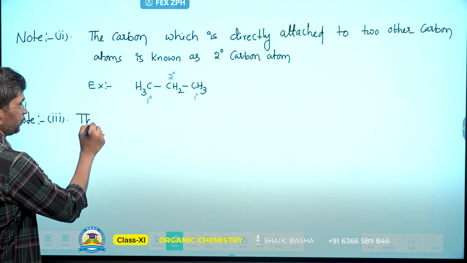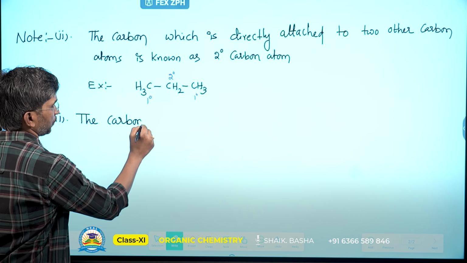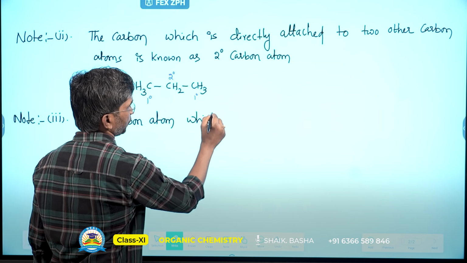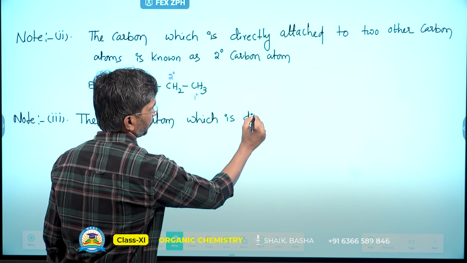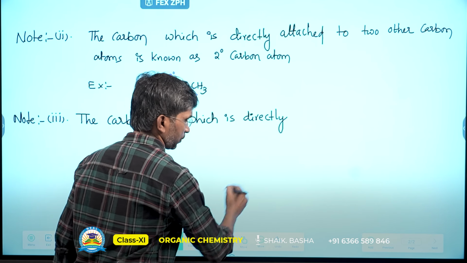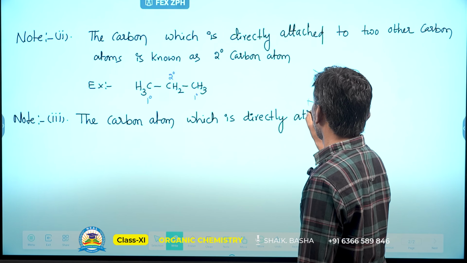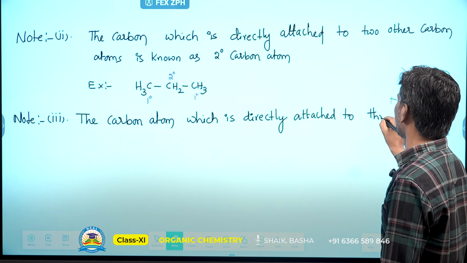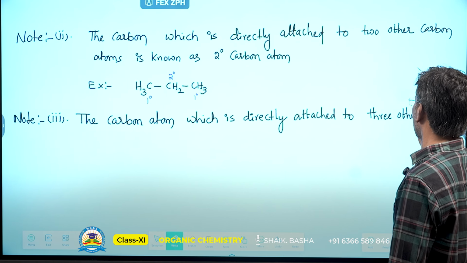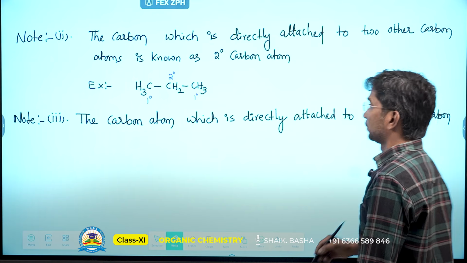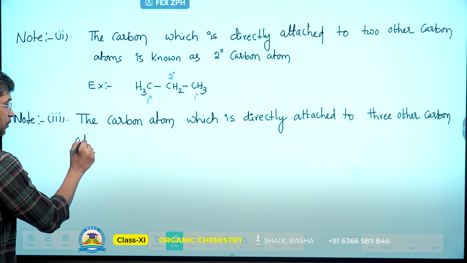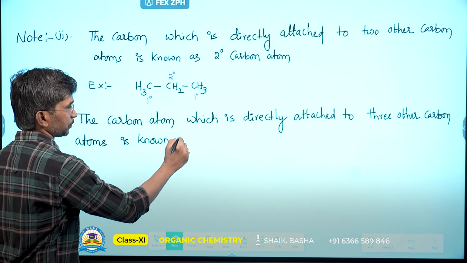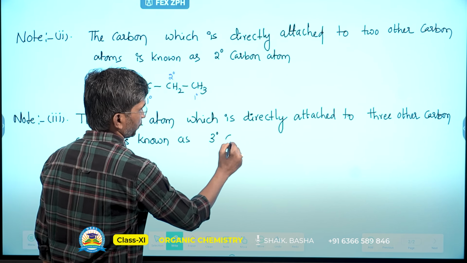The carbon atom which is directly attached to three other carbon atoms is known as tertiary carbon.